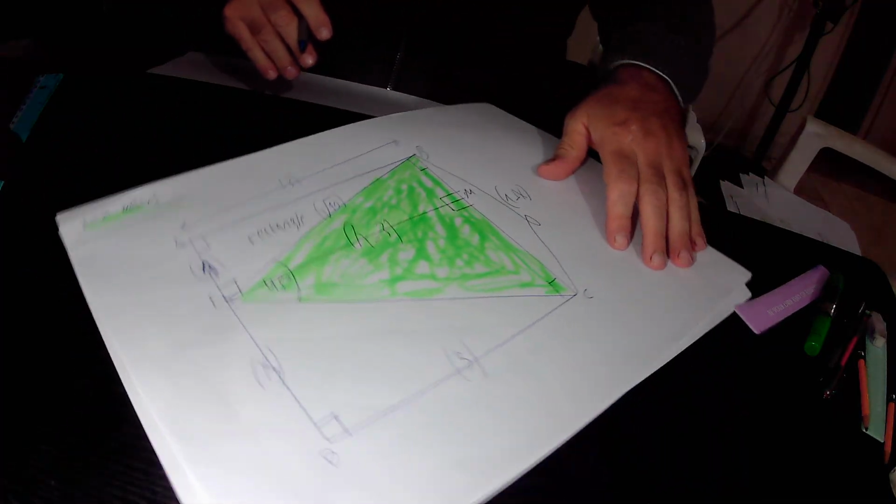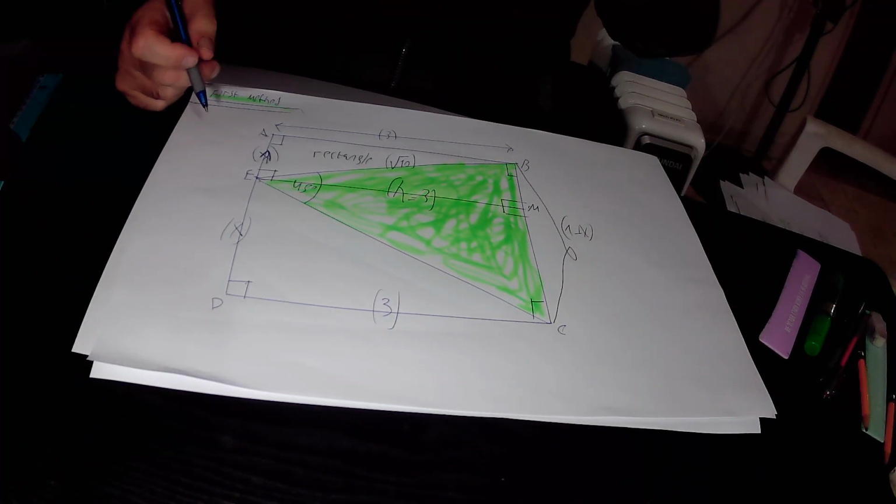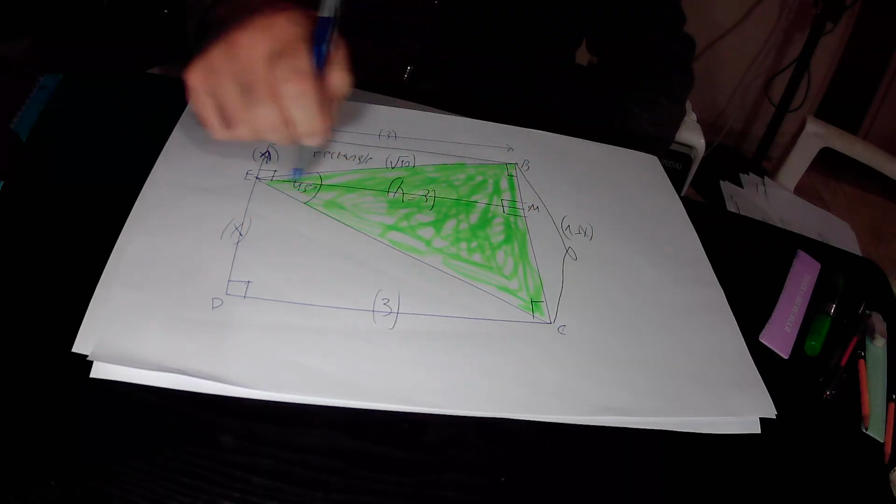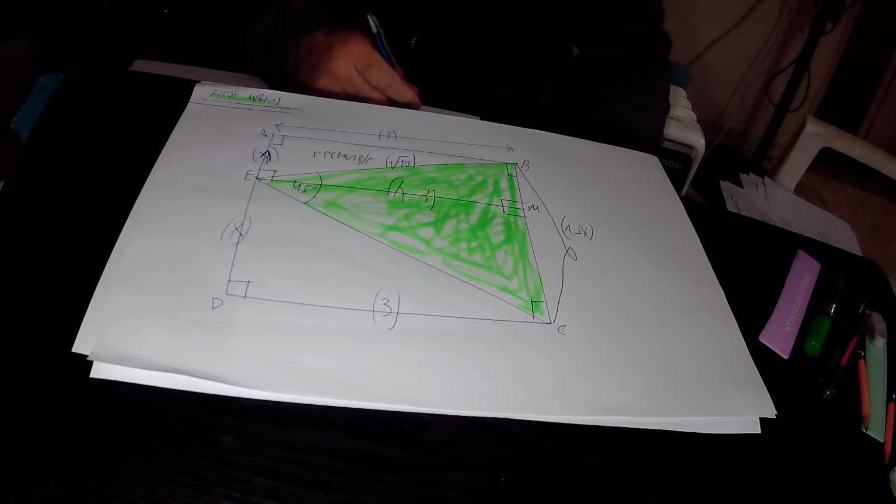In the next step, we will implement the Pythagoras theorem on this right lower triangle, triangle EDC. Here PT is an abbreviation for Pythagoras theorem.